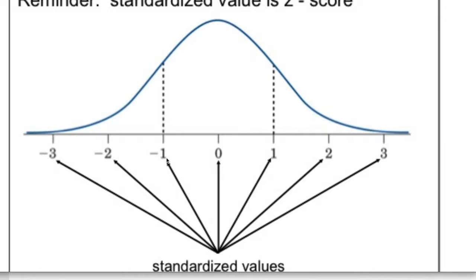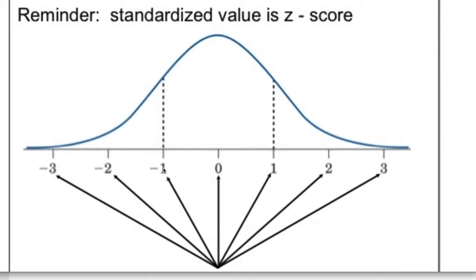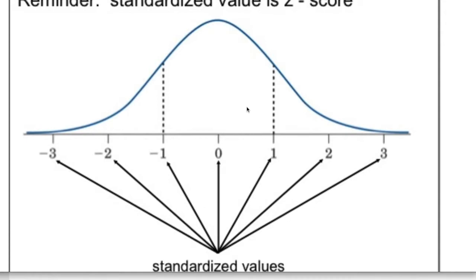But again, another name, instead of always saying standard deviations above or below the mean, we call them standardized values or z-scores. These are the same terms, just different ways to talk about it.